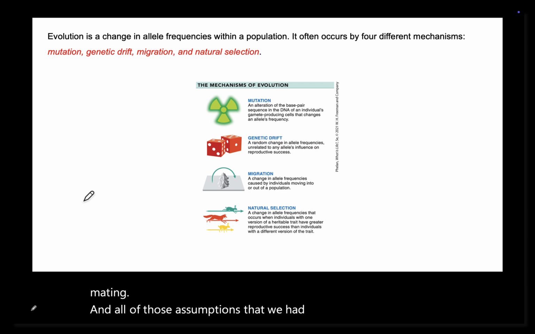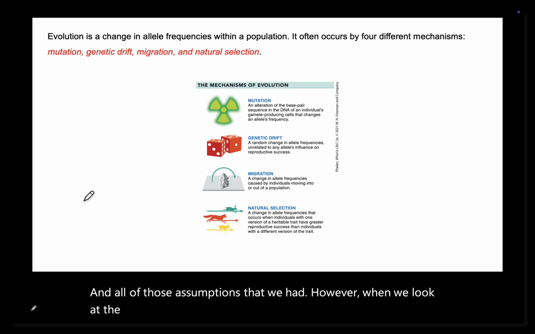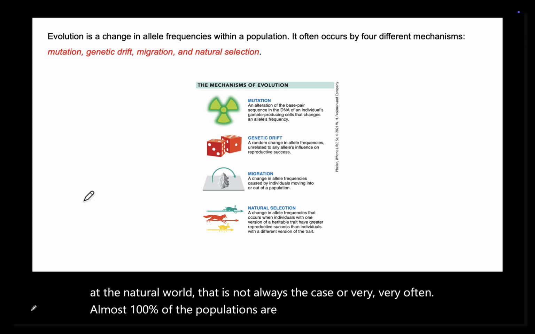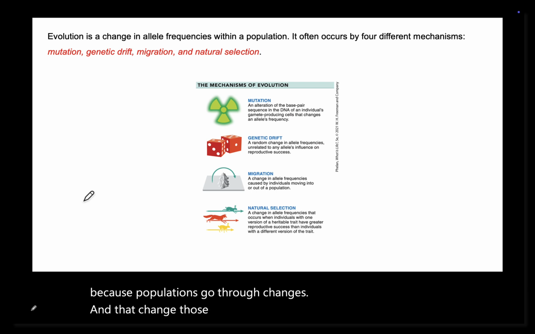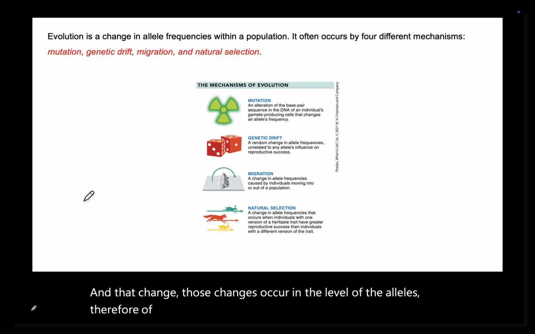However, when we look at the natural world, that is not always the case. Almost 100% of the populations are not stable and fixed, right? Because populations go through changes, and those changes occur at the level of the alleles, therefore of the genotypes.